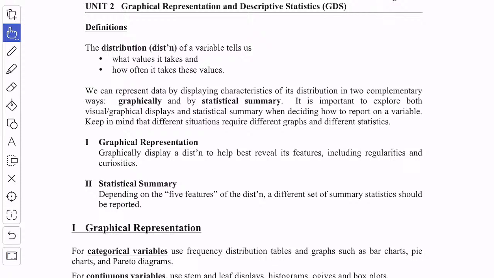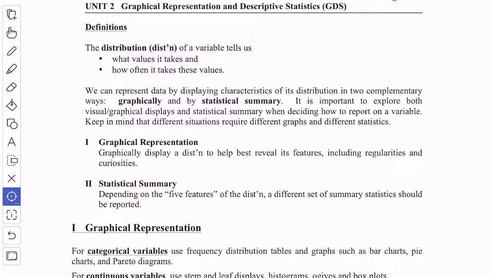So what you want to do is visualize what values the variable takes and how often it takes those values. When you do this, you are displaying the distribution of the data. Okay, so the distribution combines the values it takes with how often it takes those values.